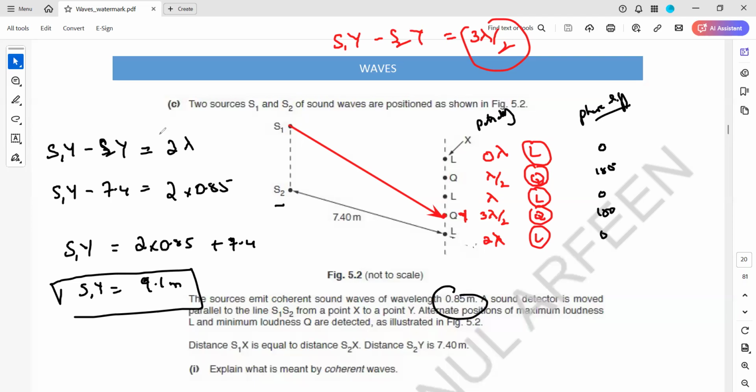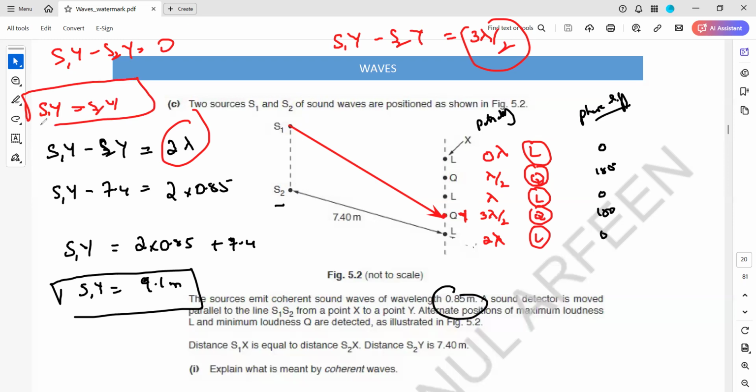So what you're equating with depends on the position at which you're comparing the pattern. If I'm comparing a pattern at position X, the path difference will be 0. In that case, I will write S1Y minus S2Y equals 0, or I can say S1Y is equal to S2Y, like both will have the same distances.